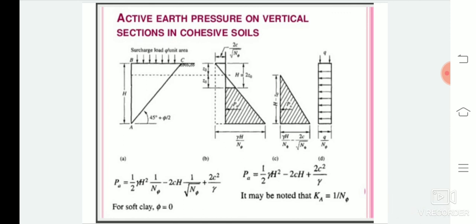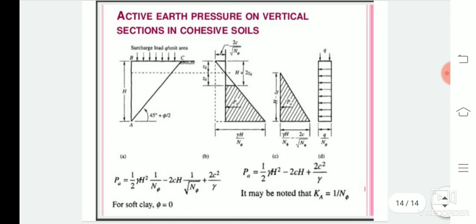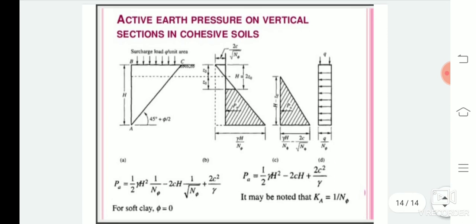For cohesive soil, in this figure we can easily see the variation of lateral pressure along the height of the retaining wall. If cohesion is 0, then the pressure at the base would have been equal to gamma h into cos square phi.